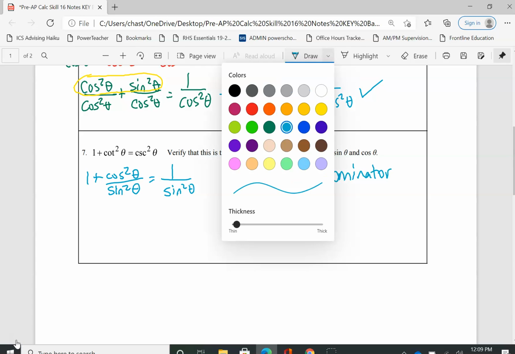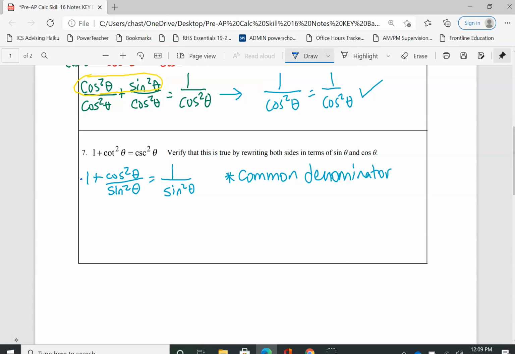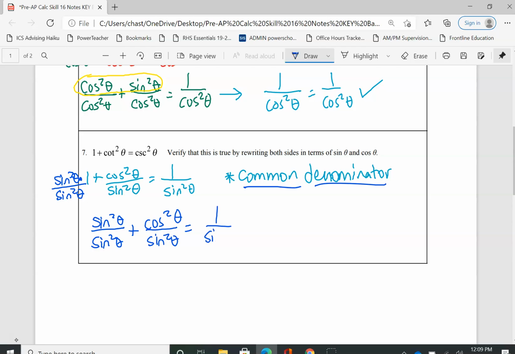We're going to multiply this 1 top and bottom by sine squared. And that's going to give us sine squared theta over sine squared theta plus cosine squared theta over sine squared theta equals 1 over sine squared theta.